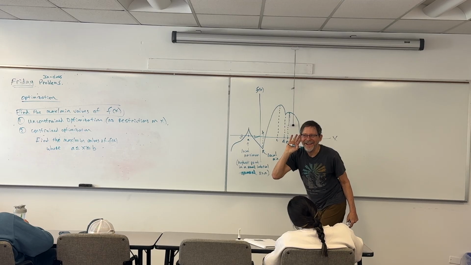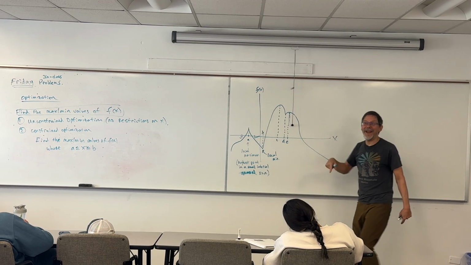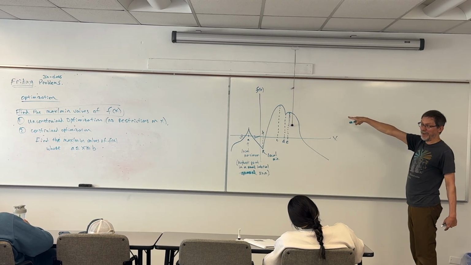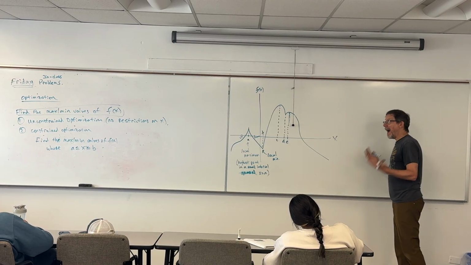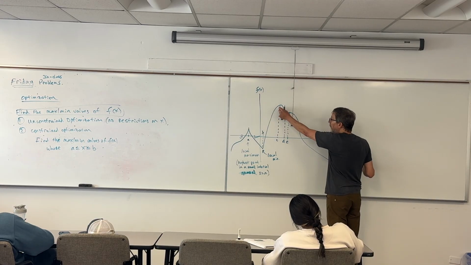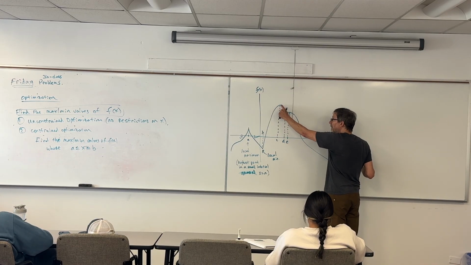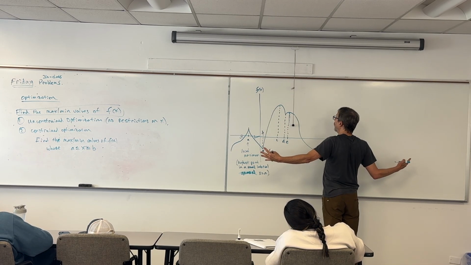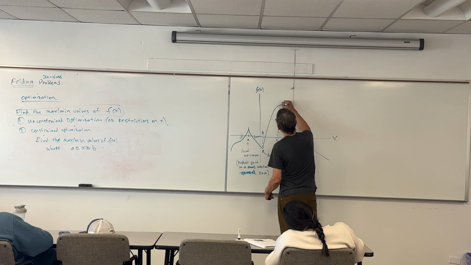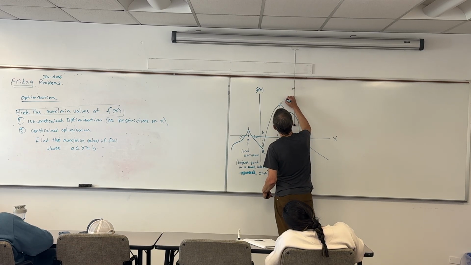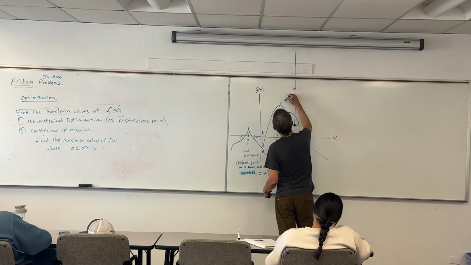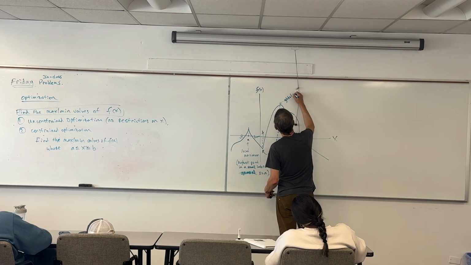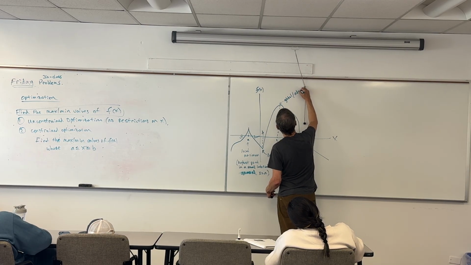Oh, she called that an absolute maximum. It is the highest point nearby, so it's also a local maximum, because nearby it's the highest point, but out of everything in consideration, this guy right here is a global or absolute maximum.